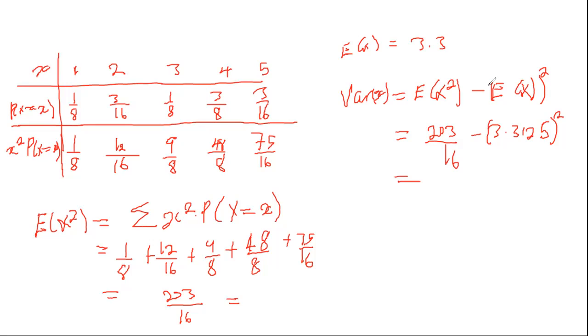203/16 minus 3.125 squared. So 203, yes. I see Joel has given us 439/256.